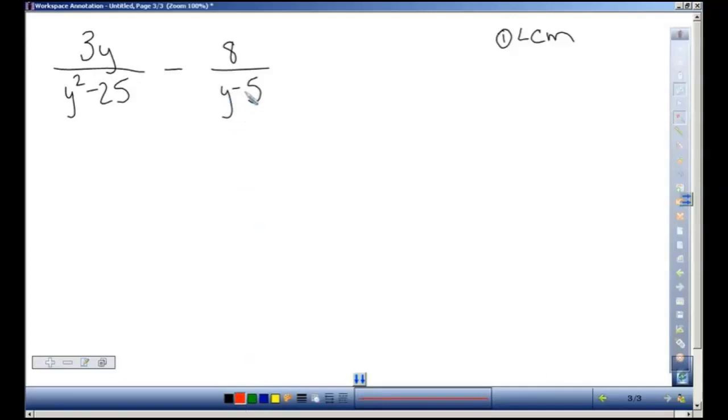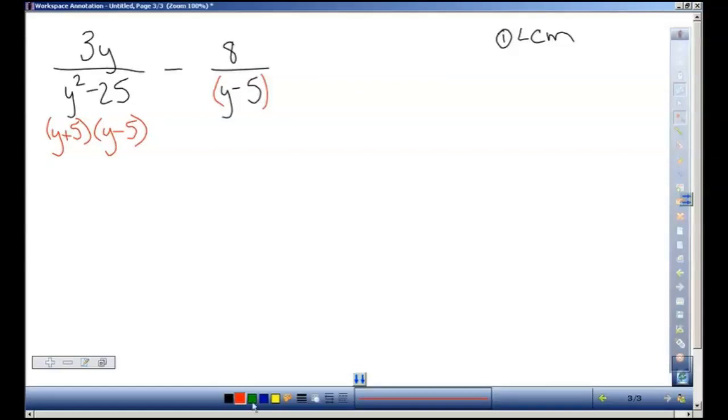So it looks like this one is as factored as it's going to get. Y minus 5, no common factor, that's as factored as that's going to get. This, however, is a perfect square minus a perfect square, which means that this factors to be y plus 5 and y minus 5. So now I have everything factored.